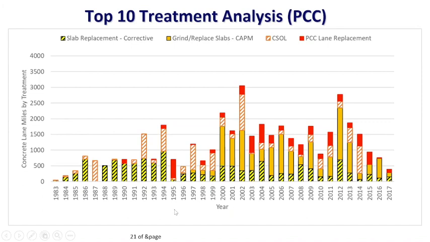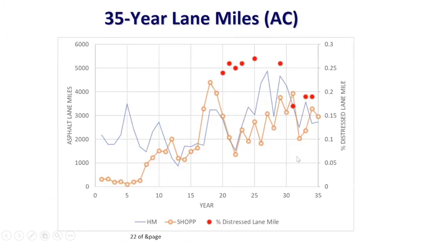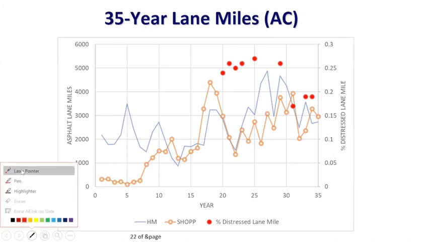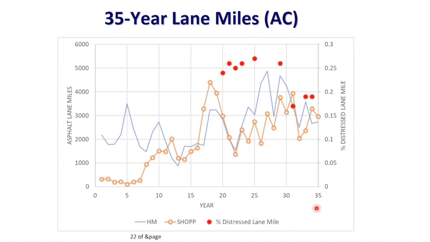This is a very interesting history, 35 years. I plotted out the lane miles for AC pavement, the lane miles we treated over the years. Together I plotted this, a very interesting chart that people should really pay attention to. On the right-hand side, the second axis, I show percent distress lane miles. That's all these red dots, okay?